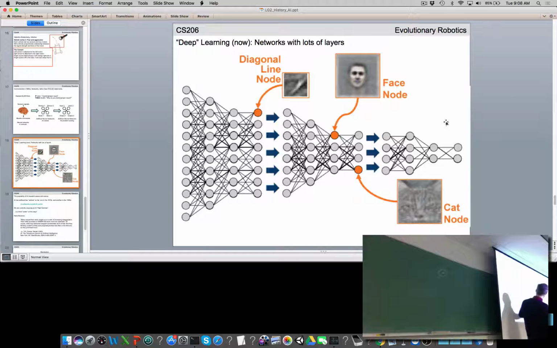So, for example, what you start to see in a lot of deep learners, if you train them on images, so we take our retina here, if you like, and in this cartoon example here, it's just a one-dimensional line, but imagine it's a 2D vector of pixel values. We take an image and we place it on the input layer here.